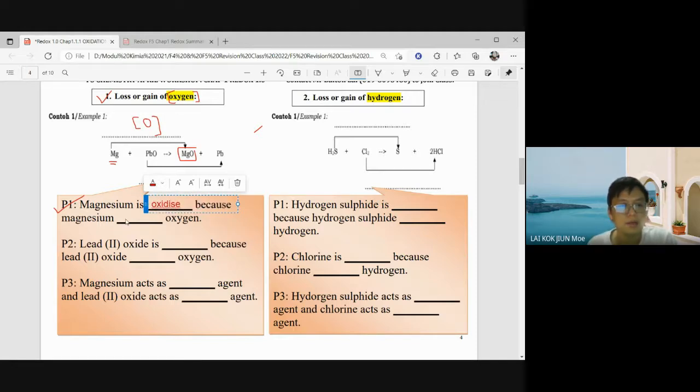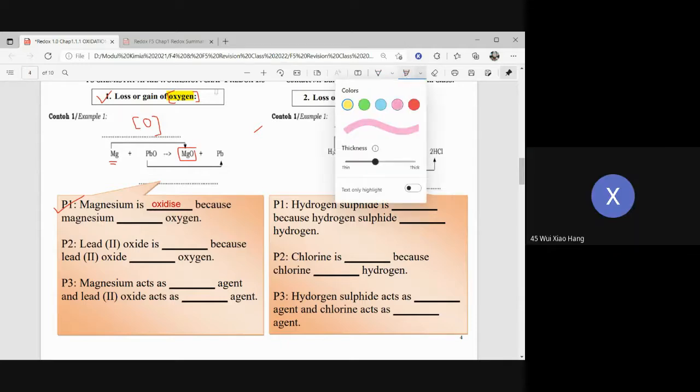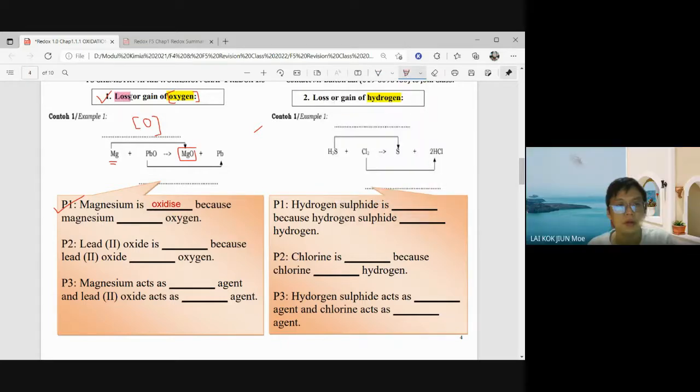It's oxidized because magnesium gain or lose oxygen? We use a keyword here. Gain. Gain, because magnesium gain oxygen, dia sudah tadi MgO. So you dapat oxygen, you become oxidized. So gain.